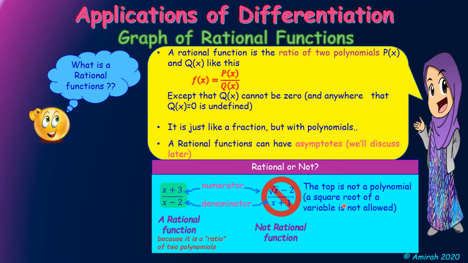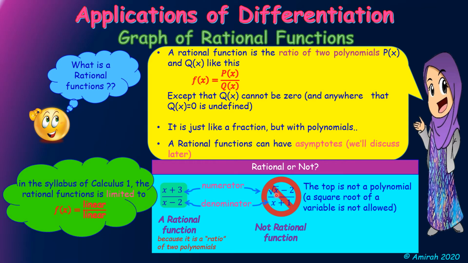A square root of a variable is not allowed. In the syllabus of Calculus 1, the rational function is limited to f(x) equals a linear numerator over a linear denominator.